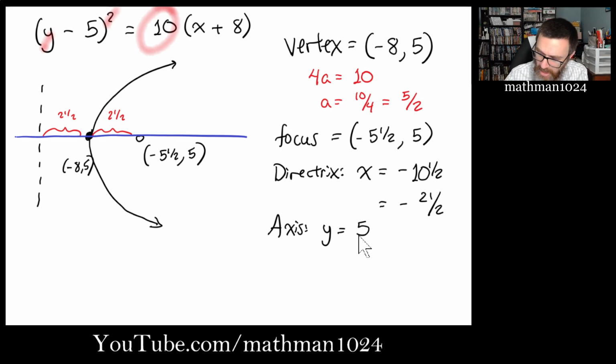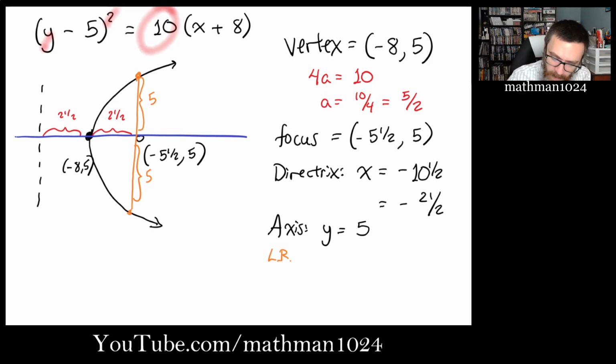All right, now the last part is the latus rectum. As we keep seeing, this is A, but the distance between the focus and one endpoint is going to be 2A. So it means I'm going to be going up 5, I'm going to be going down 5. So the key points for the latus rectum, I skipped domain and range.